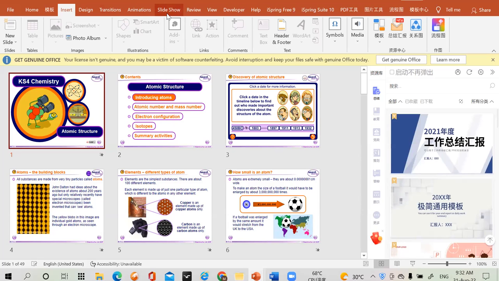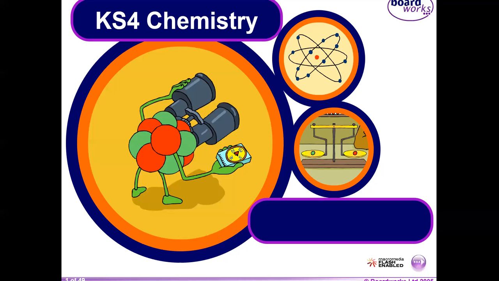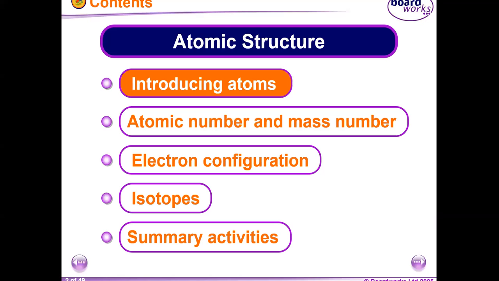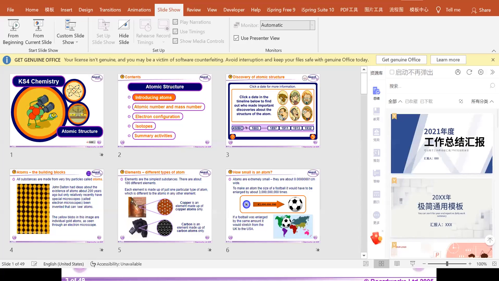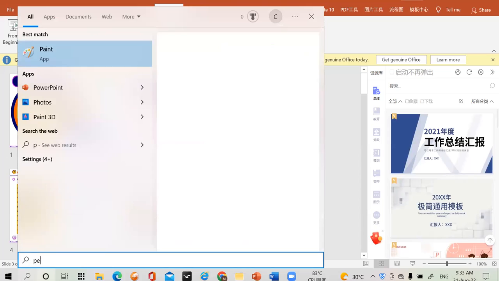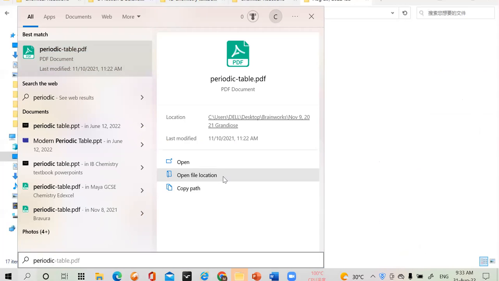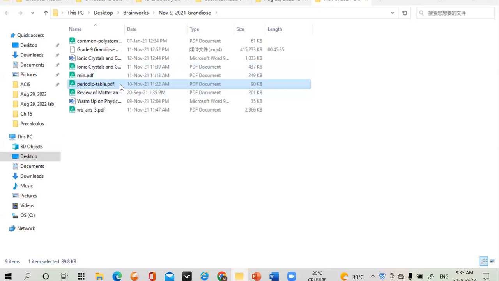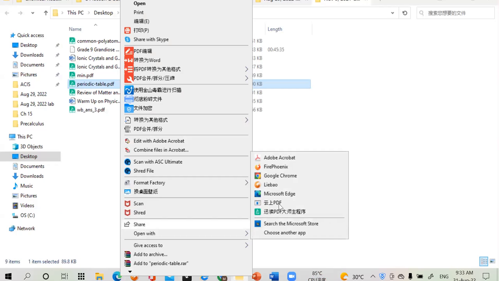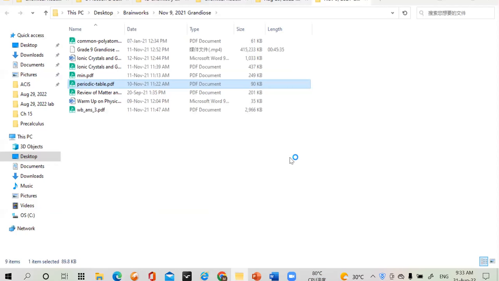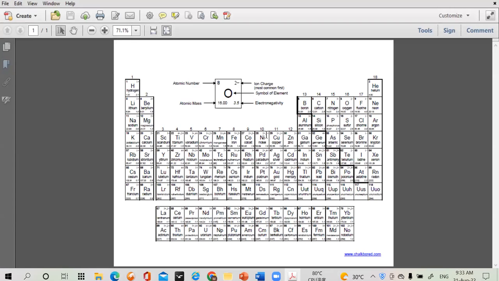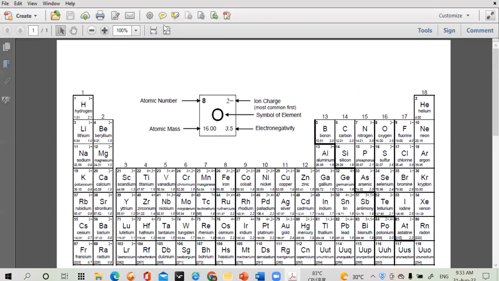Okay, so for the atomic structure, really, you just need to know your periodic table. Now, let me show you the American periodic table, which I will post for you on the Google Classroom, my version of it that has everything you need. So this is the American lazy man's version of the periodic table.